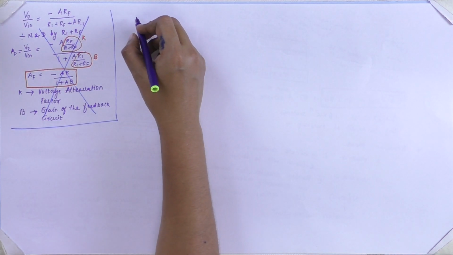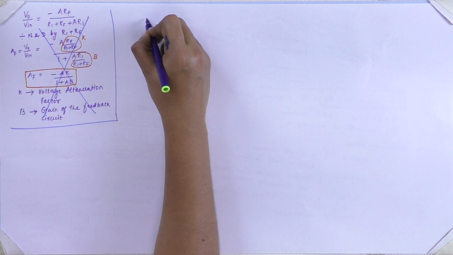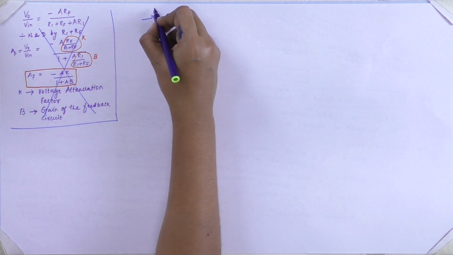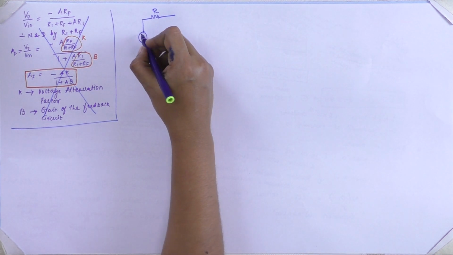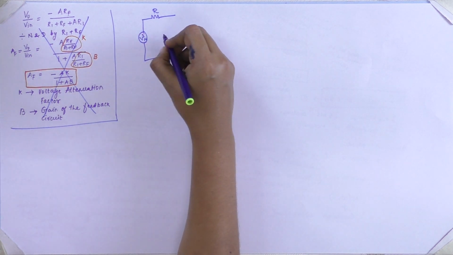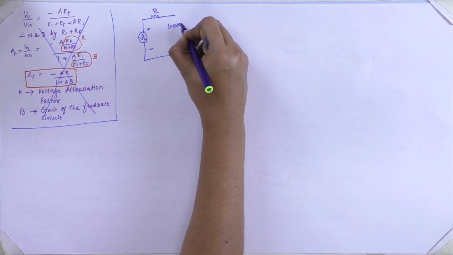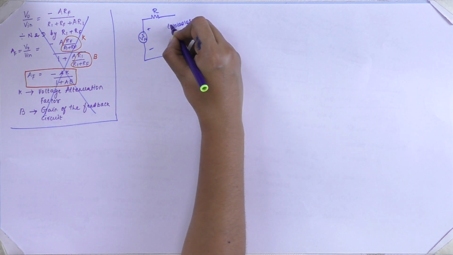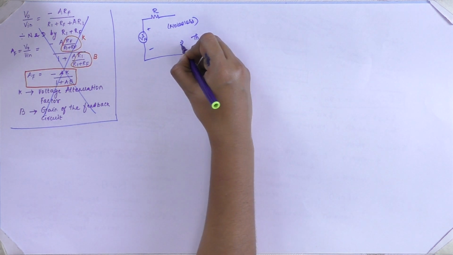The noisy resistor R model can be drawn with the help of Thevenin and Norton equivalents. This is R, with the voltage equivalent, V mean square value, plus and minus. This is for the noiseless resistor. This is our Thevenin equivalent.